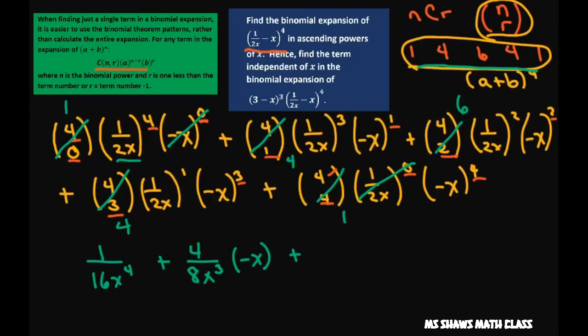Okay, then we have 6. And then you do the denominator, it's going to be 4x squared. And then you have negative x squared. Negative x squared is just x squared.